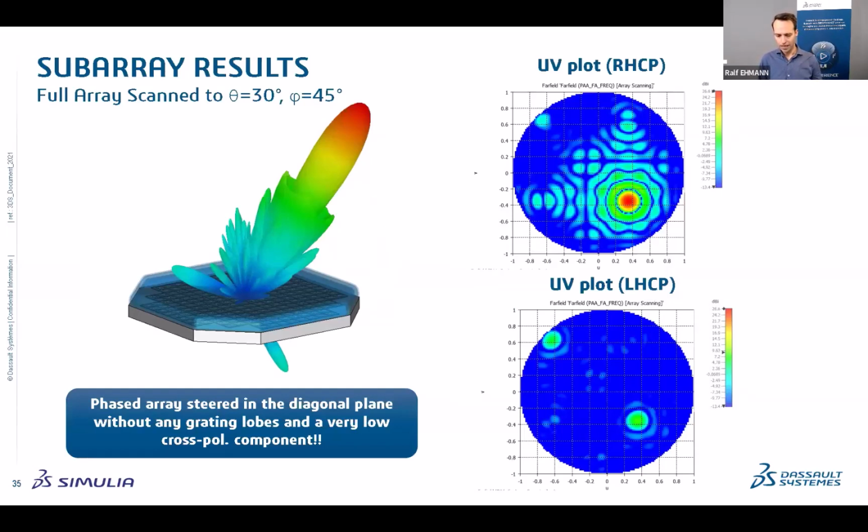And you can see then basically, in the UV plots, right-hand circular polarization, and then at the bottom the cross-pol, which is about 20 dB down in this particular case.